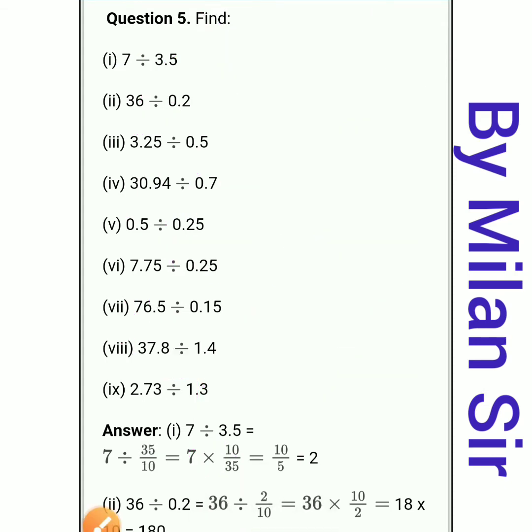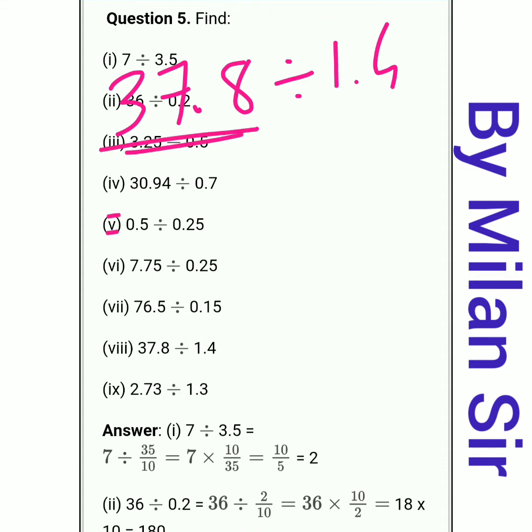Then question number 8: 37.8 divided by 1.4. Now here in the first number, first of all we need to ignore the decimal point, so it becomes 378, right?